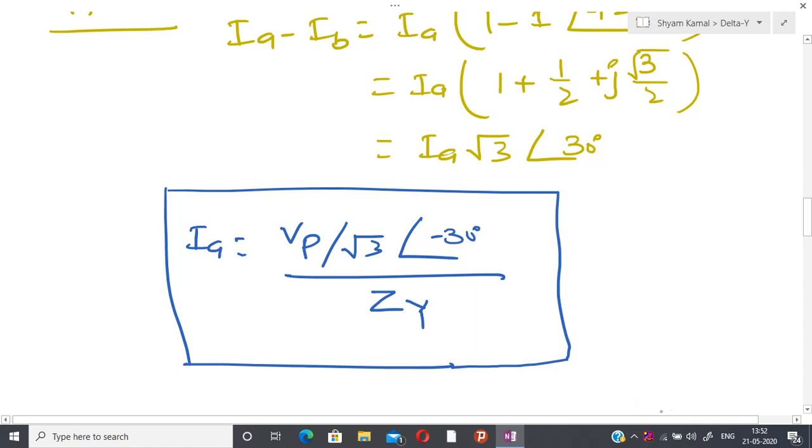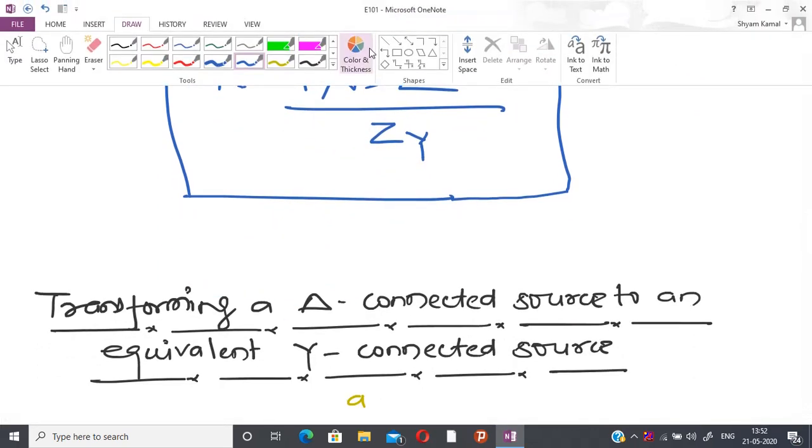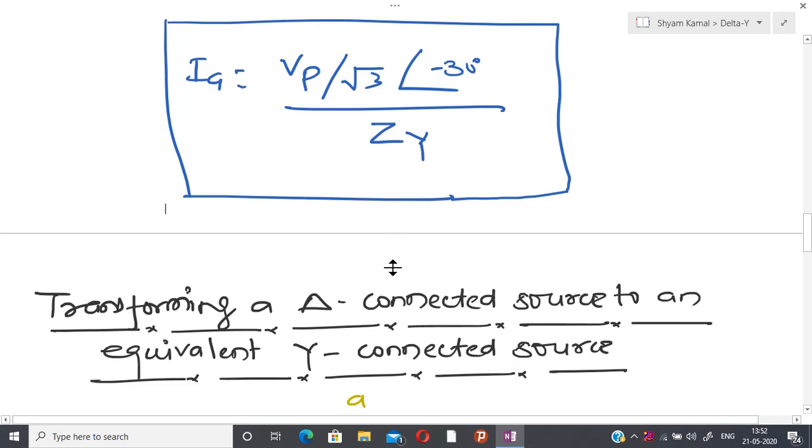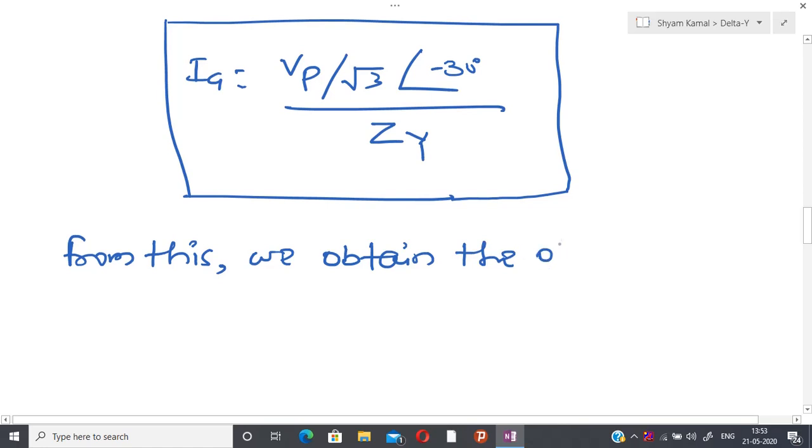And if I know one, then it is possible to calculate the others, because we know that it is in positive sequence. So from this we obtain the other line currents, IB and IC.